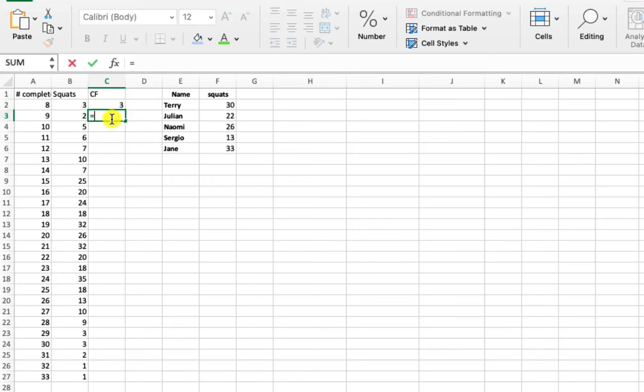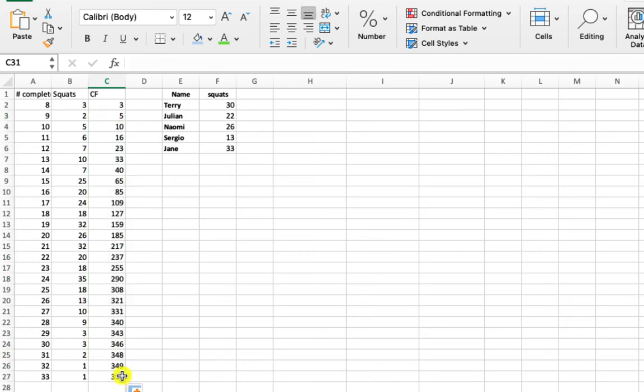So in this case, we could say 2 plus the cumulative frequency before the frequency for 9 squats. And then we can just copy this all the way down. That way we get our total sample size, which is 350 people.